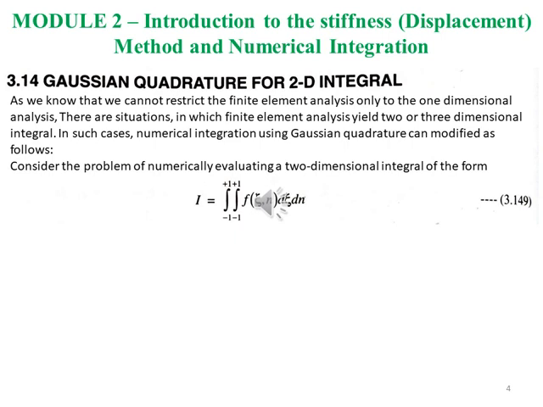So here we get two variables, z and n. Now let us see how to get the two parameters for this integral function.